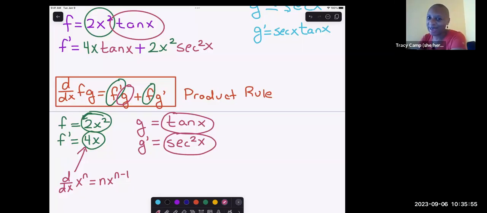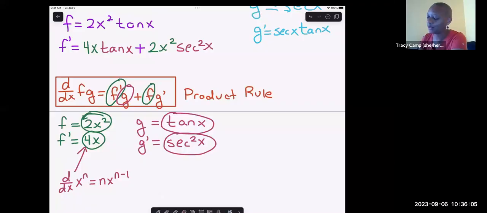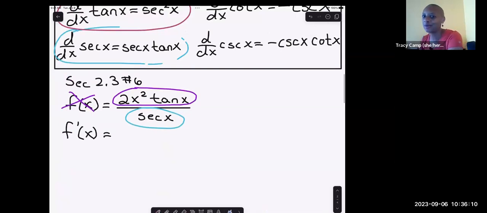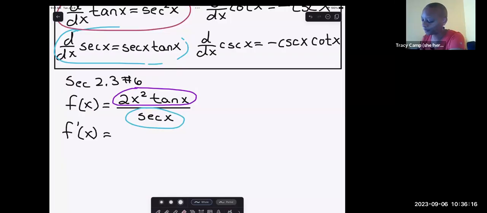So now we get to go back to the quotient rule. What makes this problem tricky is we're using both the product and the quotient rule. We're using the quotient rule first, but in order to use that rule, we have to use the product rule. So now let's plug everything into our quotient rule.